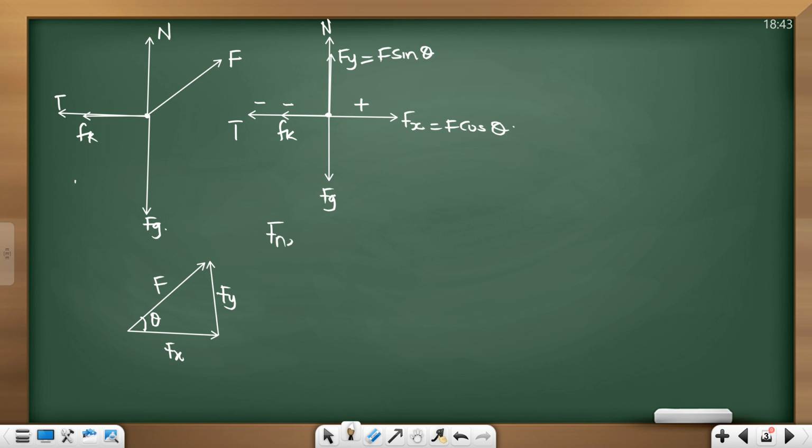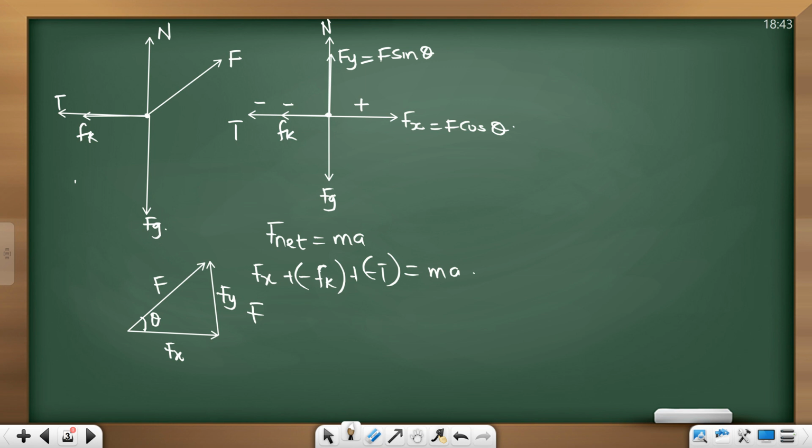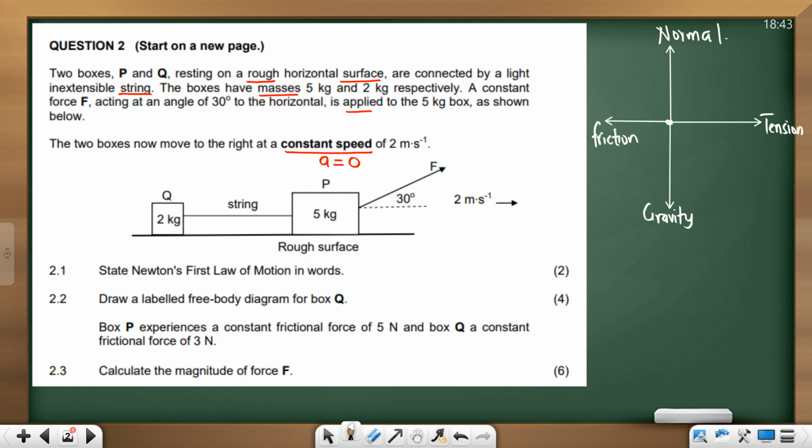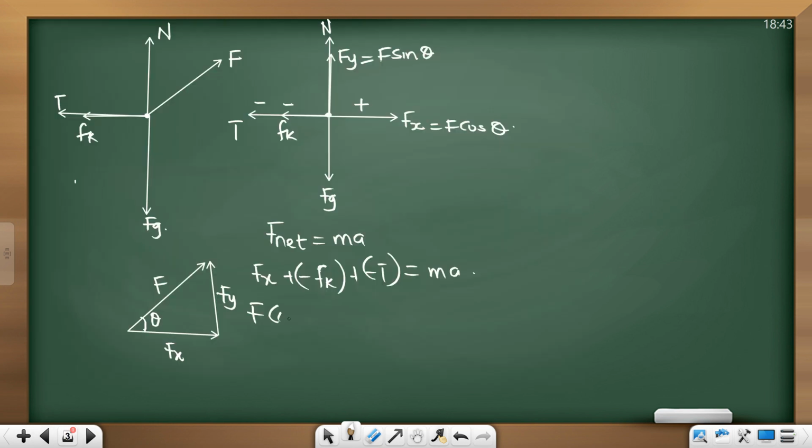Now that we know that F net is equal to ma, what do we have? Fx plus negative friction plus negative tension would be equal to ma. Do we know Fx? No, but we know it is F cos theta. Do we know the angle? 30. F cos 30. The friction on this one is 5.